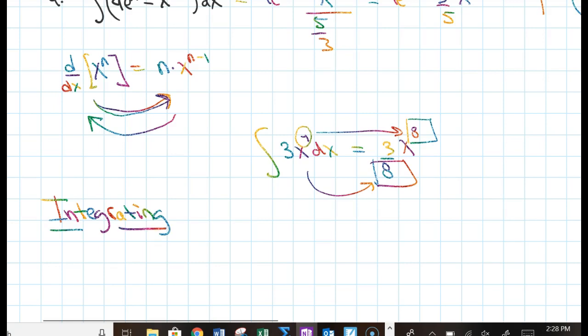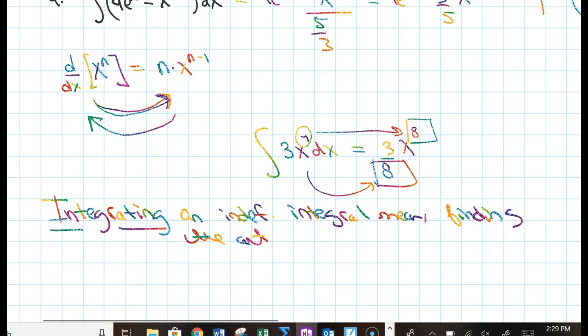We call it differentiating. Integrating an indefinite integral means taking the antiderivative, means finding the antiderivative.